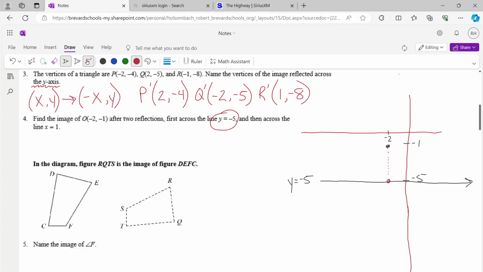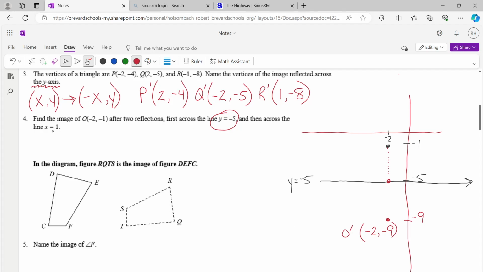So we have to go 4 units away from -5. So -5 plus another -4 will be down here, and we would be at -9. Our x value is going to stay the same. So right now we're at -2, -9. And this could be considered O prime. 1 reflection.